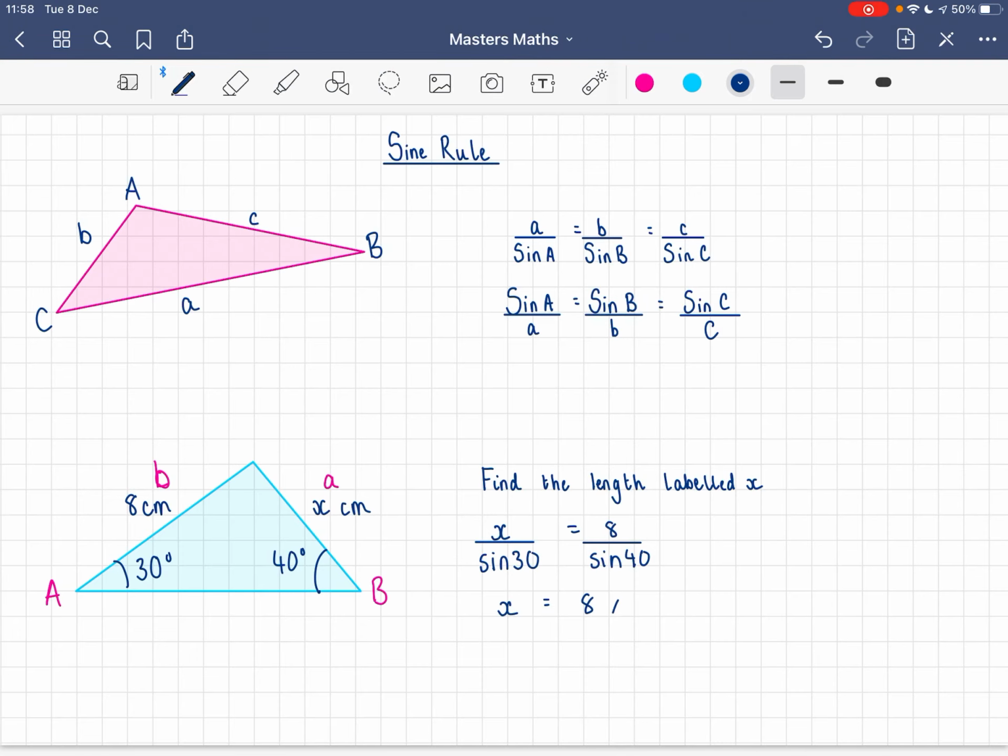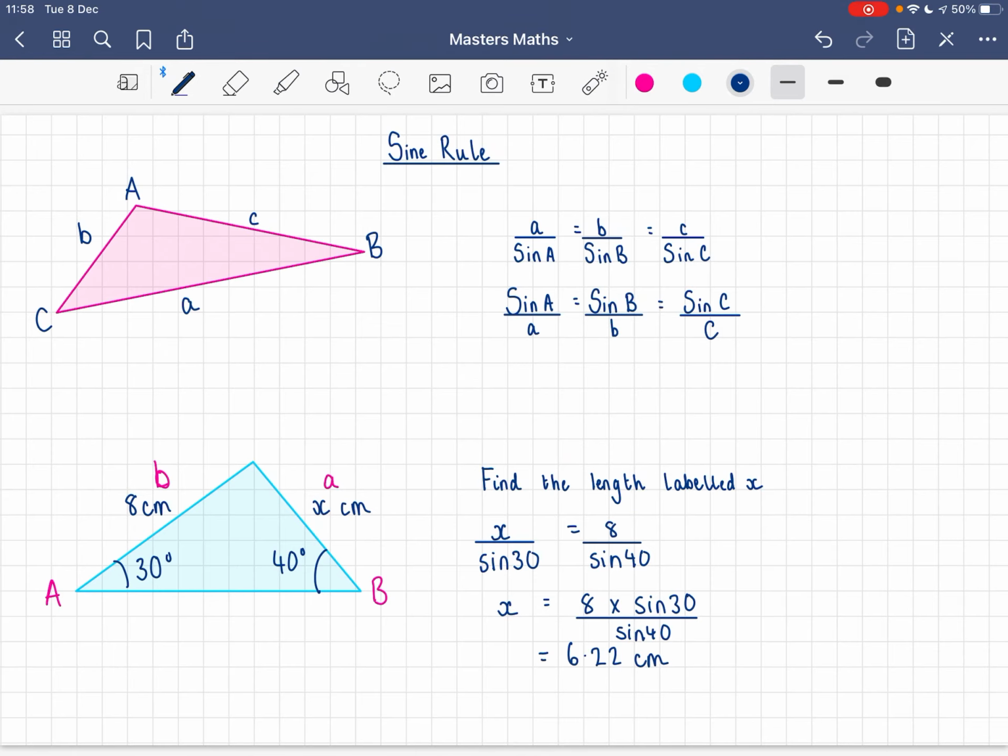So x is equal to 8 times sin 30, because I have multiplied that sin 30 over, divided by sin 40. Then I put that into my calculator, which is nice and easy. So I'm doing 8 times sin 30, divided by sin 40, which gives me 6.22 to 3 significant figures.